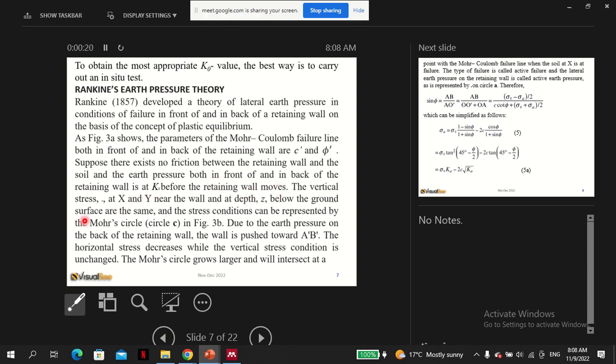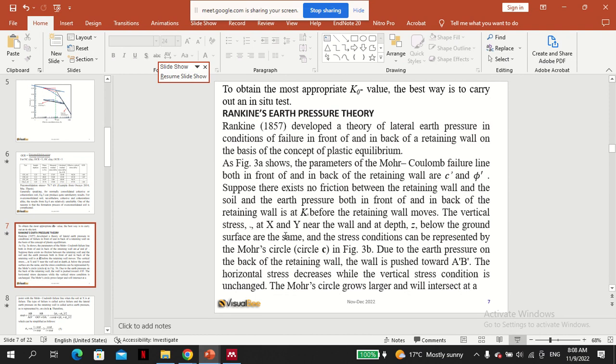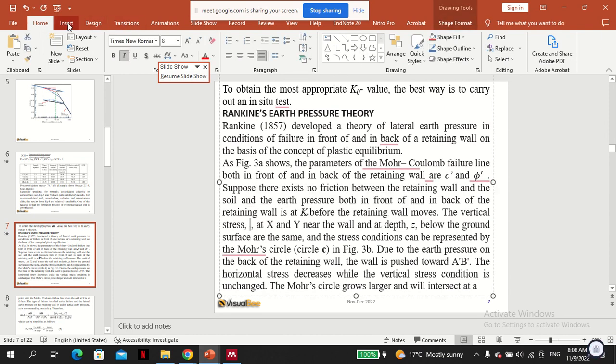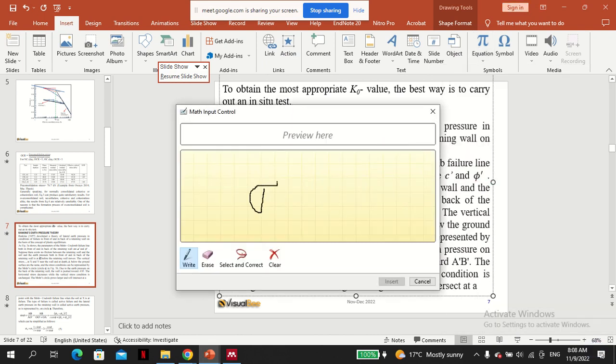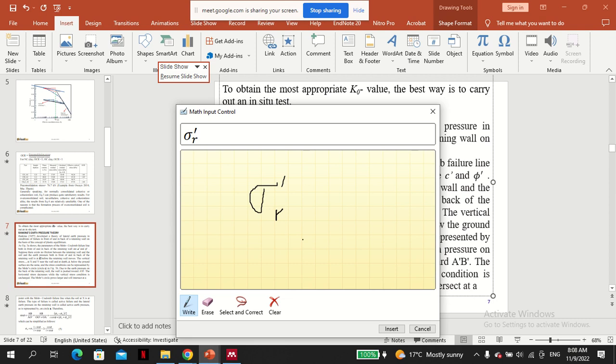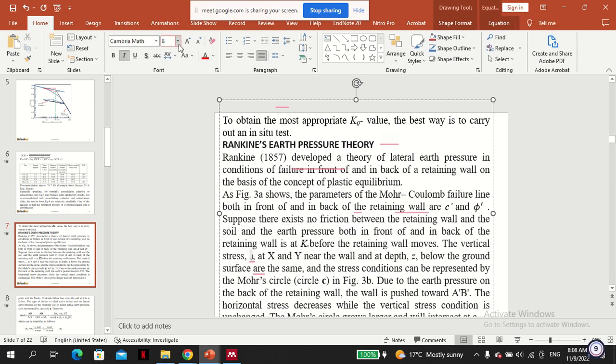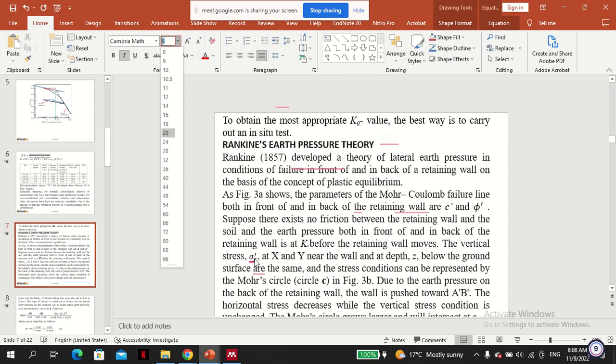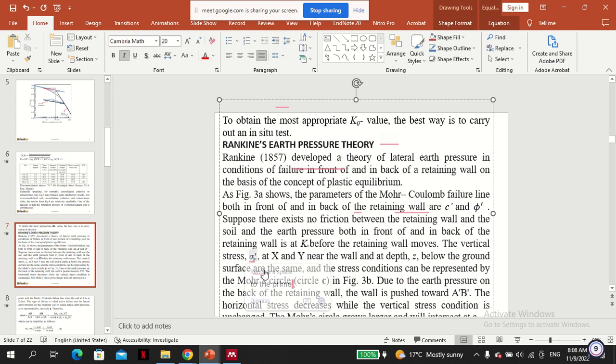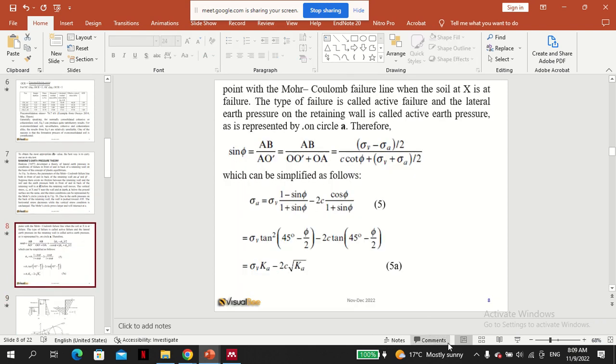The vertical stress, sigma V, at X and Y near the wall, before, let's see, the diagram.